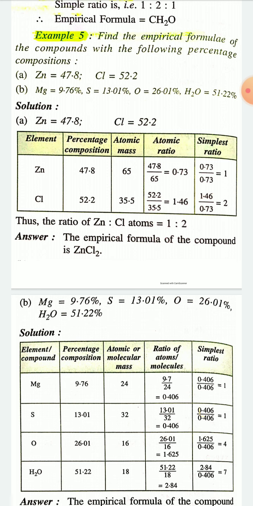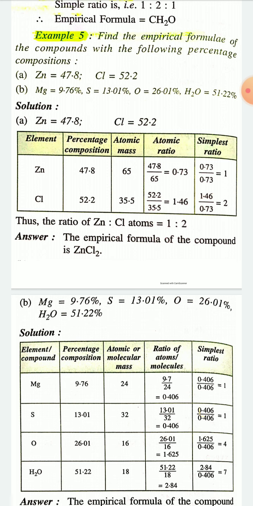In the first column you can see the names and symbols of the elements given, that is zinc and chlorine, and the percentage of zinc is 47.8 and the percentage of chlorine is 52.2. Total percentage will be 100%. Okay, and the atomic mass of zinc is 65, the atomic mass of chlorine is 35.5. Now you have to find the atomic ratio.